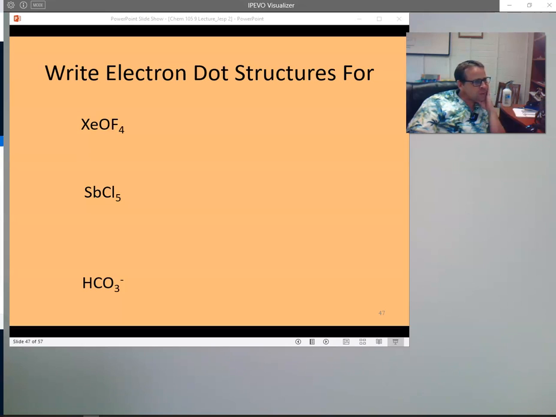What's the formal charge on this oxygen here? How many did it bring to the party? It's supposed to bring 6, but it brought 7. So what is its formal charge then? It's going to be negative. That's right, negative 1. Very good. Why don't you write that on there?